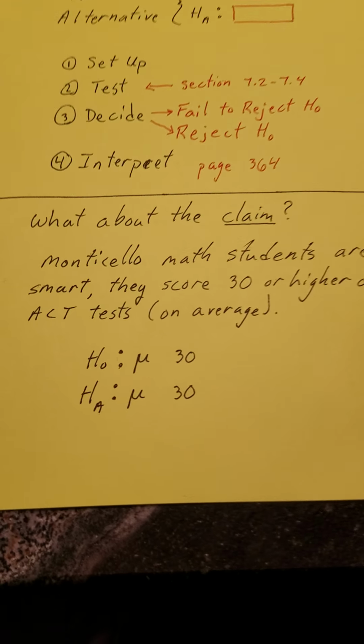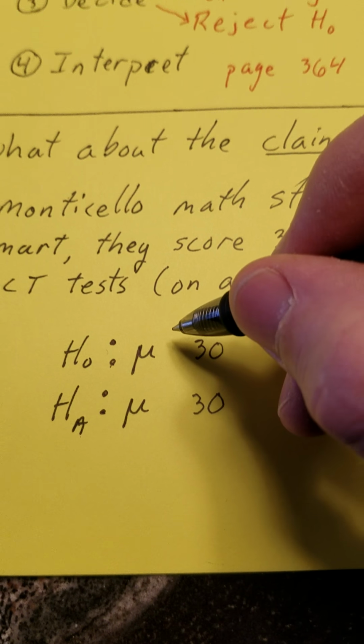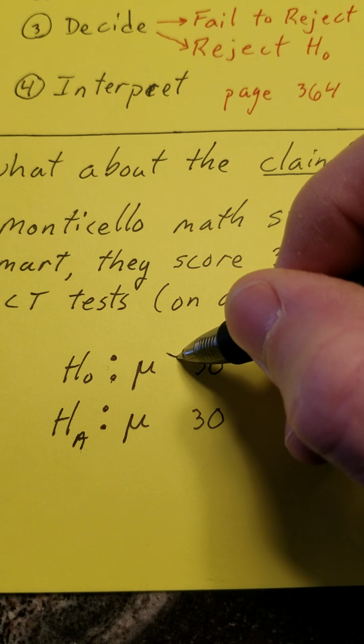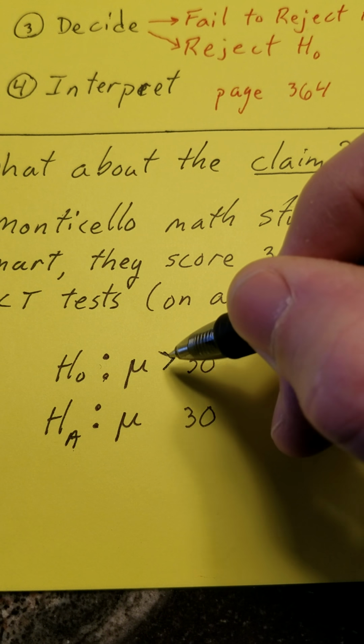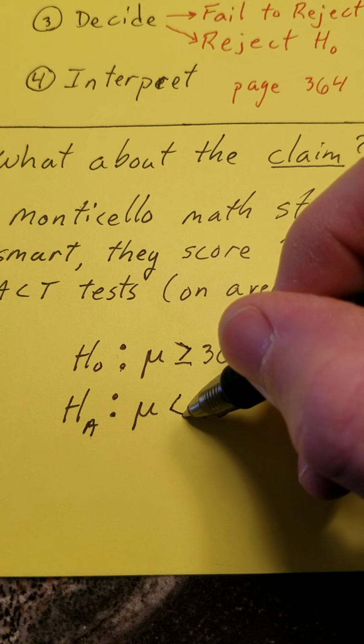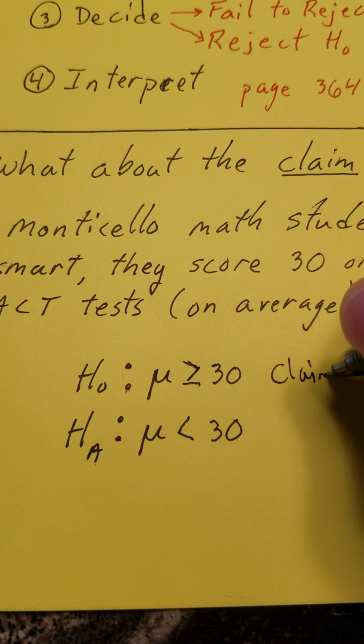So I'd set up my hypothesis statements, and when I do that, it's 30 or more, so my claim is going to be 30 or more. It's going to be greater than or equal to. And that means automatically on the bottom, this is going to be less than. Okay, well, this is my claim.